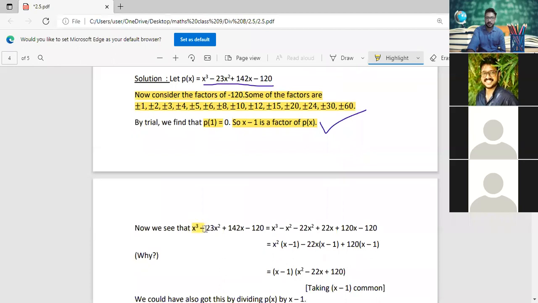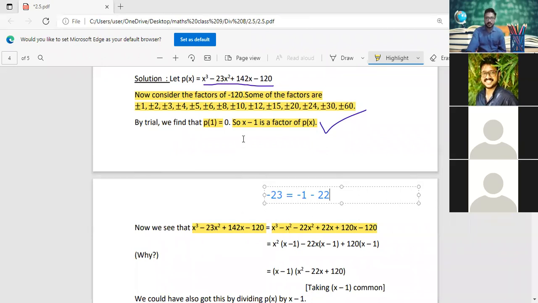It is written x cube minus 23x squared plus 142x minus 120. Now what we are doing is splitting the coefficient of x squared. We are writing minus 23 as minus 1 minus 22, right? And you know why we have written that?